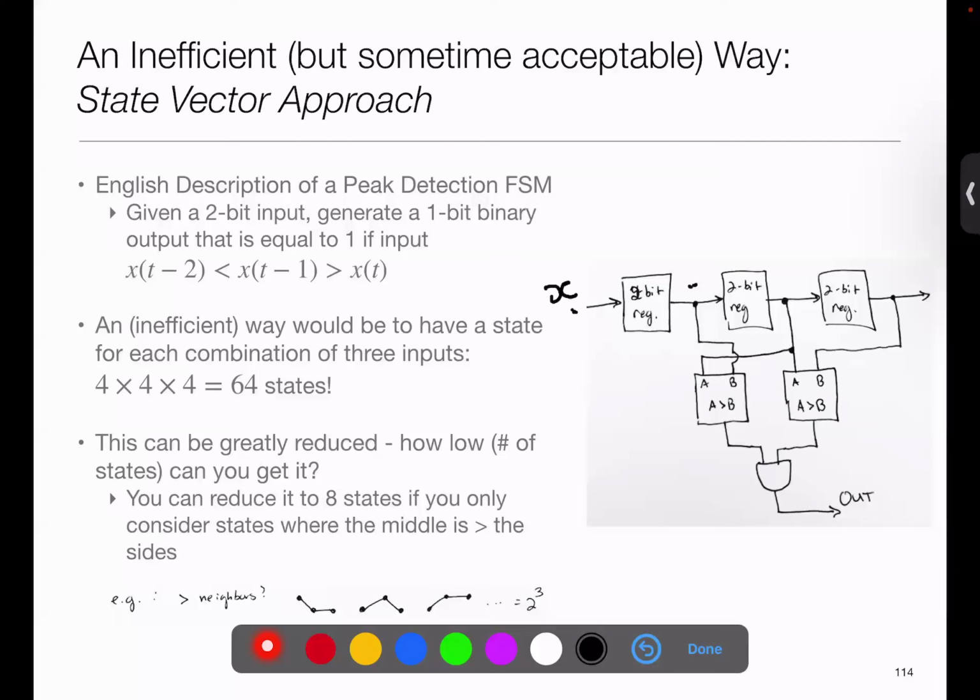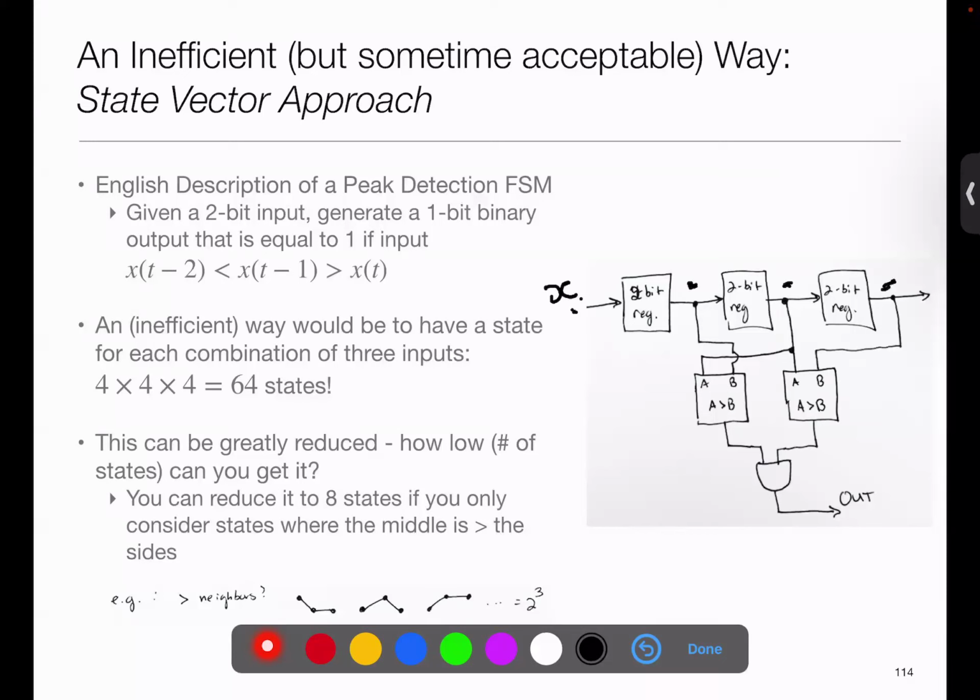The sample between the first 2 flip-flops is an older sample, the one from the previous clock tick. Likewise, the one between the second and third register is the one which came 2 clock edges ago. And finally, the one out here came even further back.